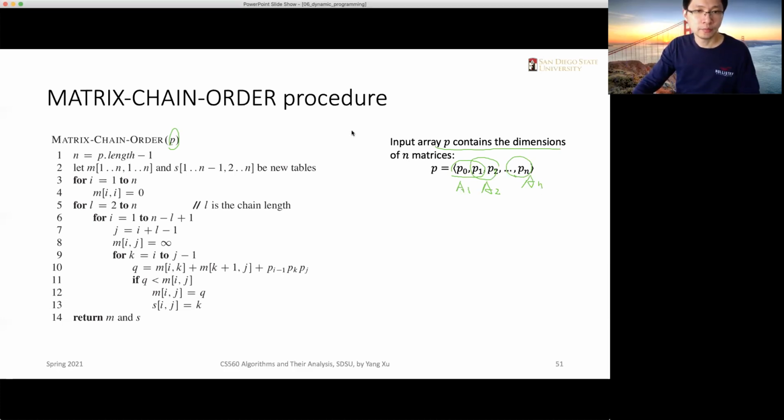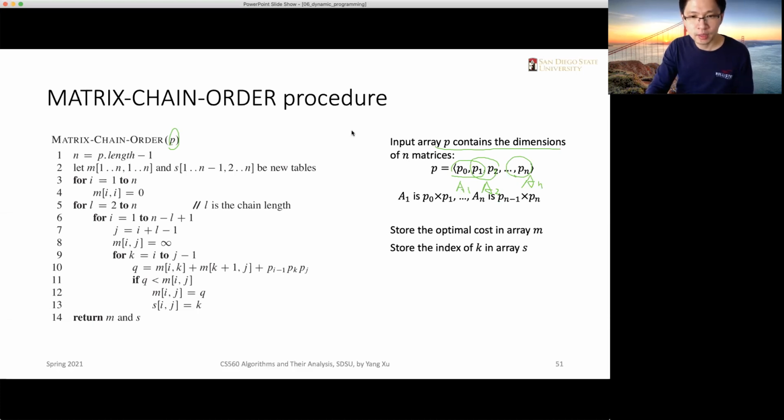The algorithm stores the optimal cost in an array M, and it also stores the index where we split the problem into a second array S. So we have M and S used in this case.